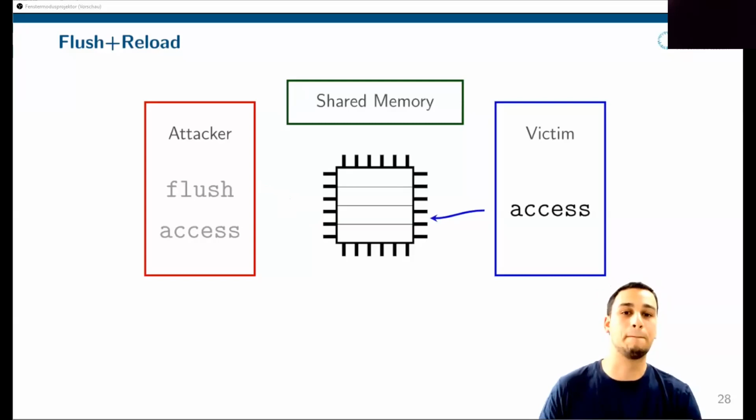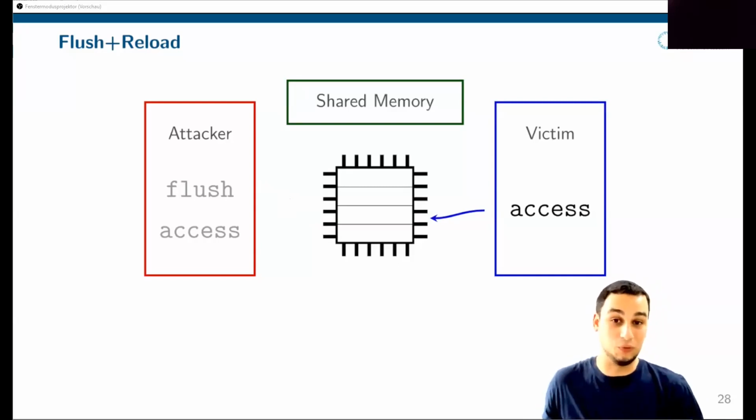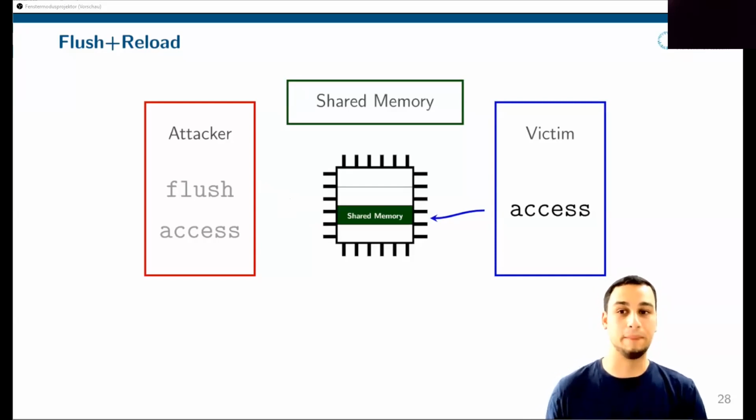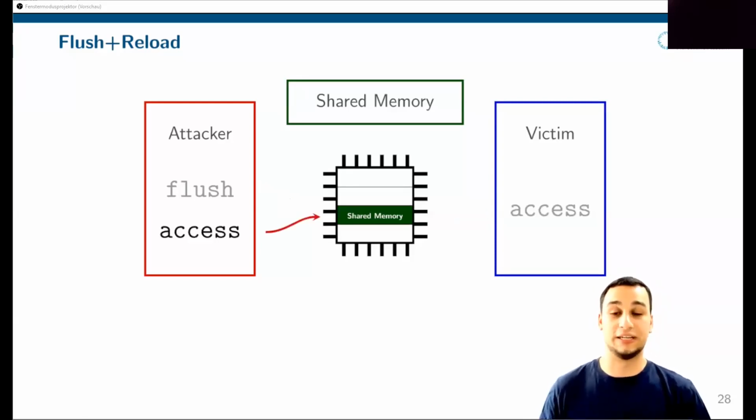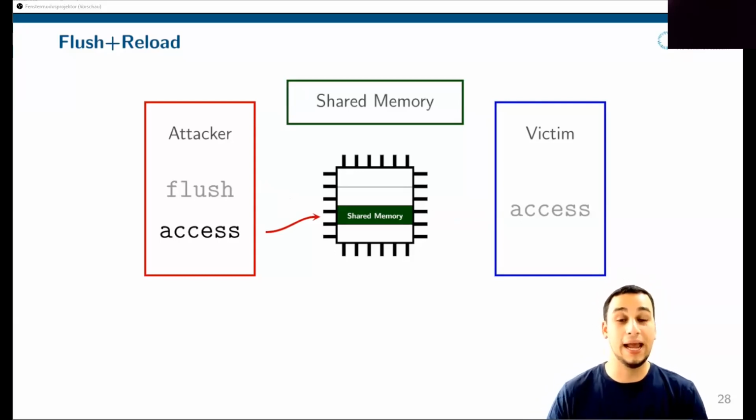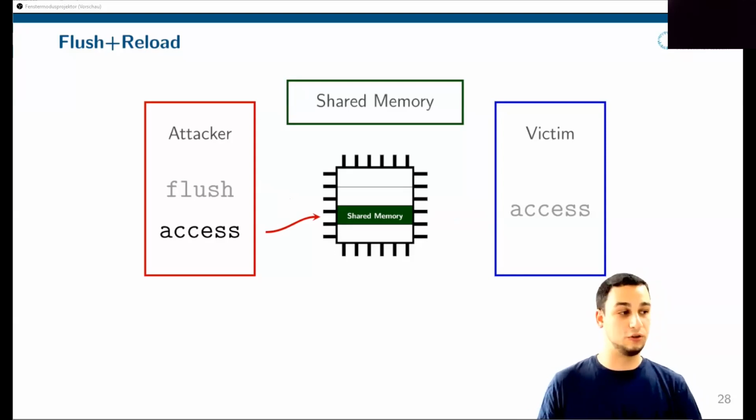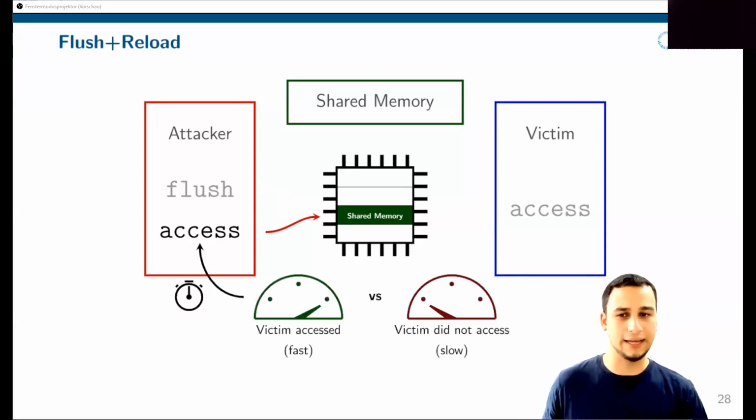We already know that. Now, if the victim is scheduled and accesses the shared memory, the CPU puts a copy of the data into the cache. So it's cached again. Now, it's my turn as an attacker, I can simply access the shared memory and measure the access time. Then I get two cases. Either it's a fast access time, then it's a cache hit, it's already in the cache.